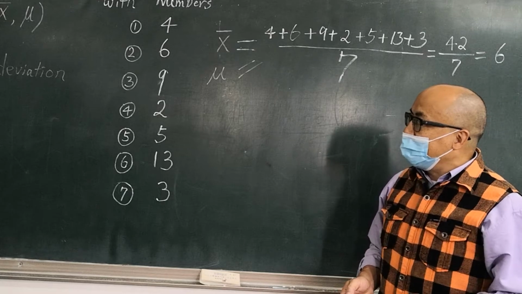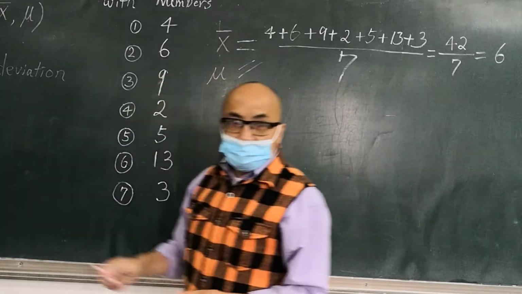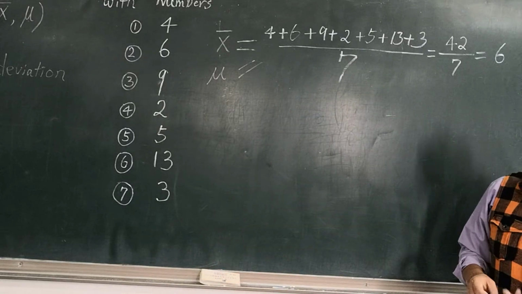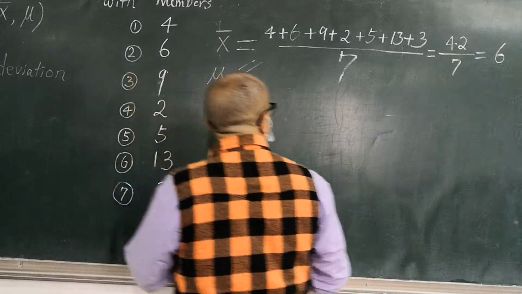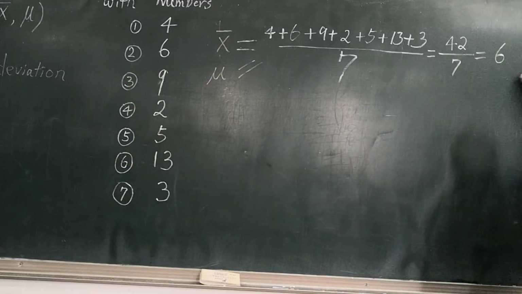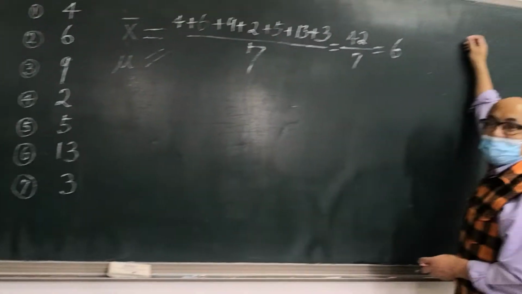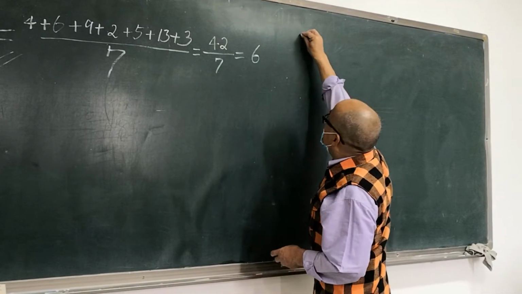Now for the median, we jump to here. How to find the median? I just sorted, okay? Let's say this is a scratch paper. What's the smallest number? 2.